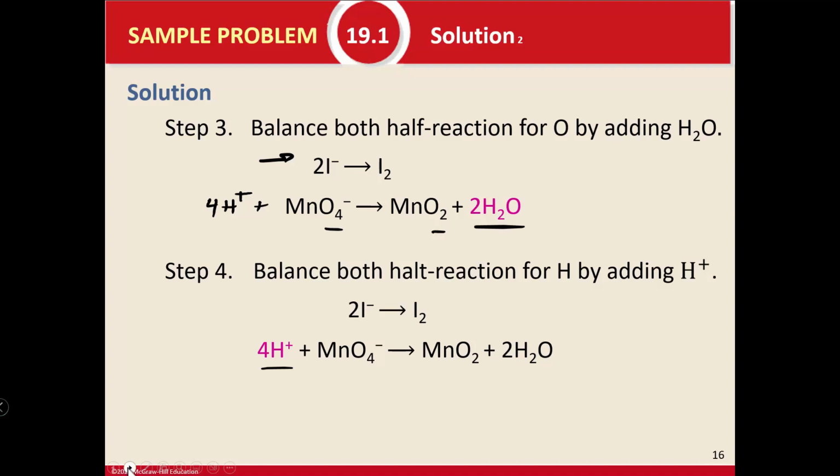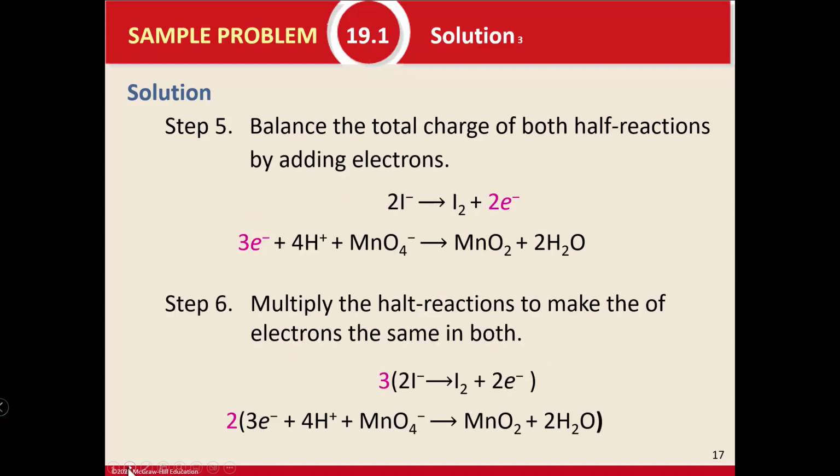So the next step is how many electrons lost or gained. Well, we can easily see here this was 2 negative on this side. Each iodine lost 1 electron, but we got 2 of them, so total loss here is 2 electrons. That's the oxidation half reaction. Again, if the electrons are on the product side, it's an oxidation reaction.